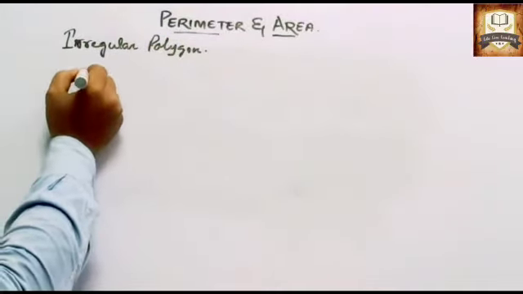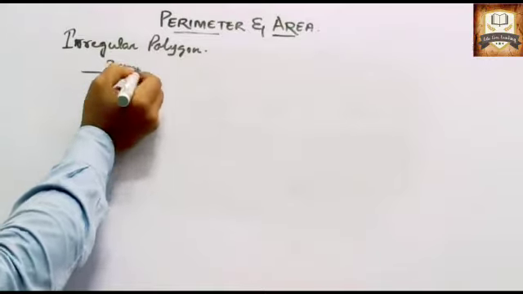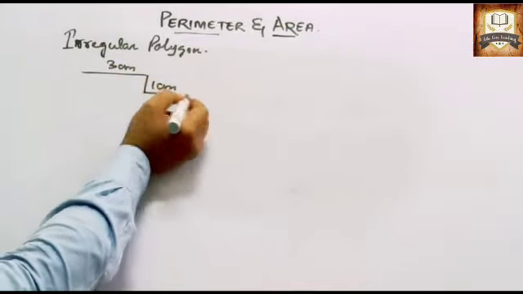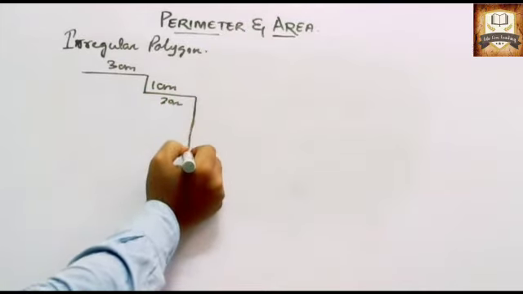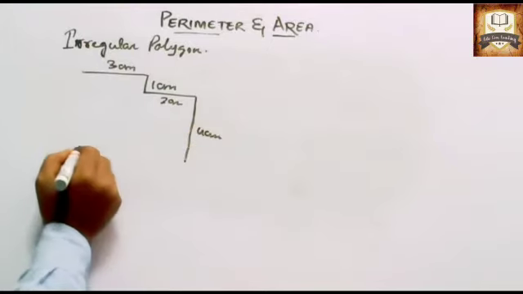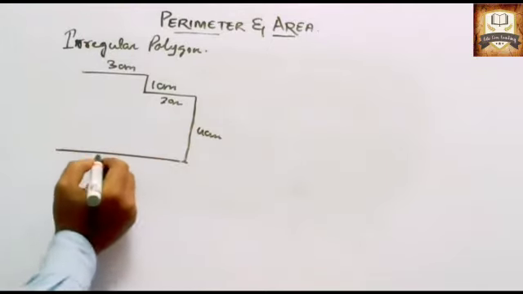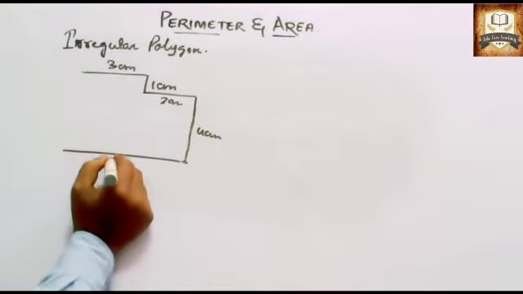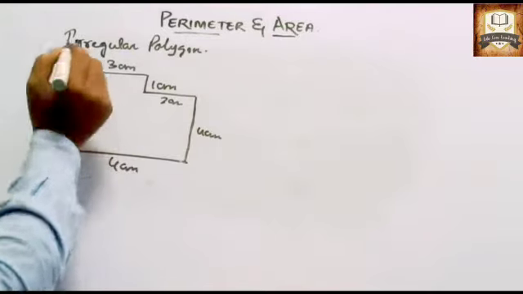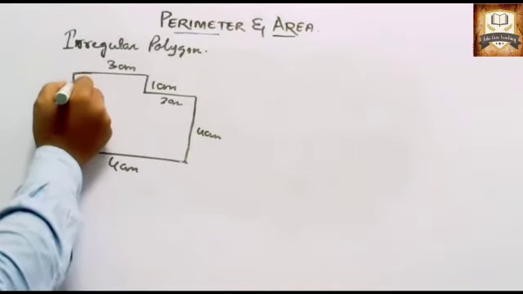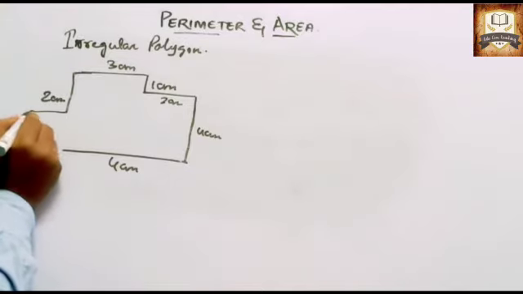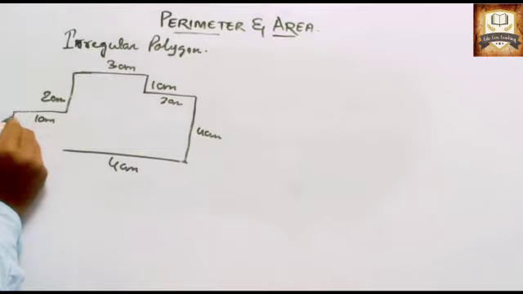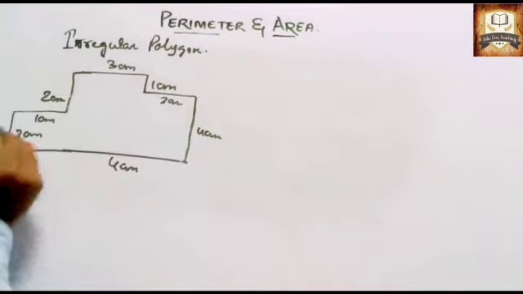Suppose one figure is given like this: 3 cm, then 1 cm, here 2 cm, again this one is 4 cm, and this one 4 cm again, now this one is 2 cm, here 1 cm, and again this one is 2 cm.